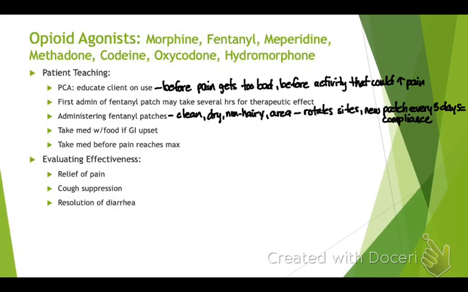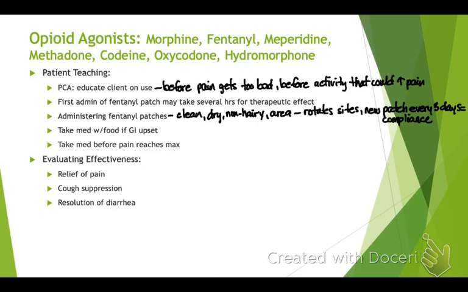Educating them on how to use the PCA properly will make it much more effective for the patient. The first administration of a fentanyl patch may take several hours to reach its therapeutic effect.